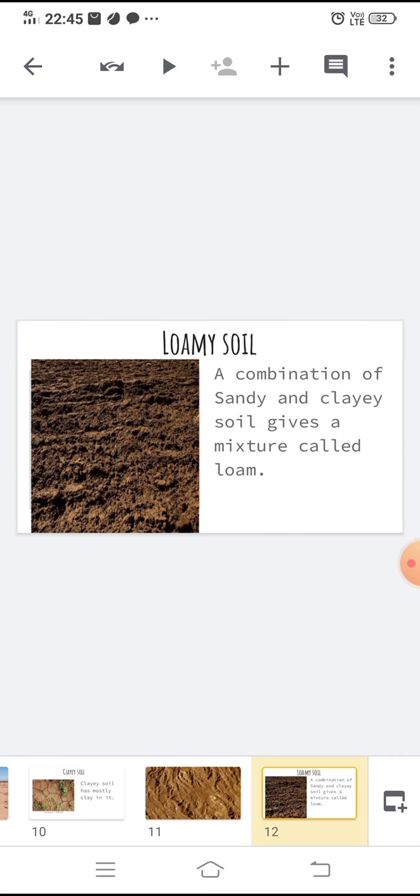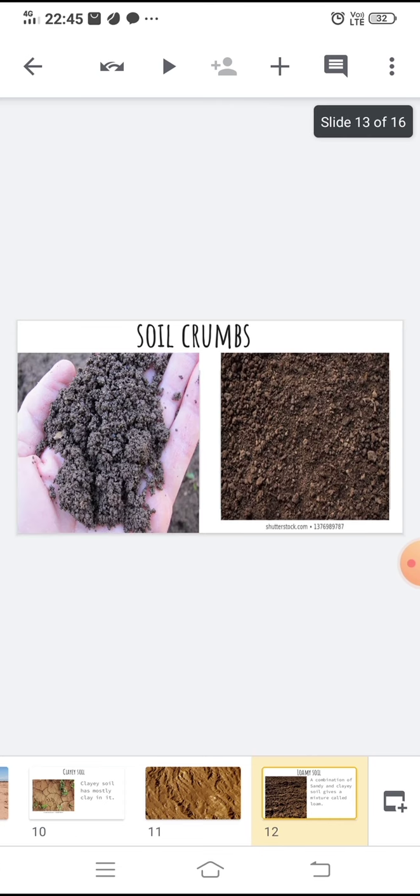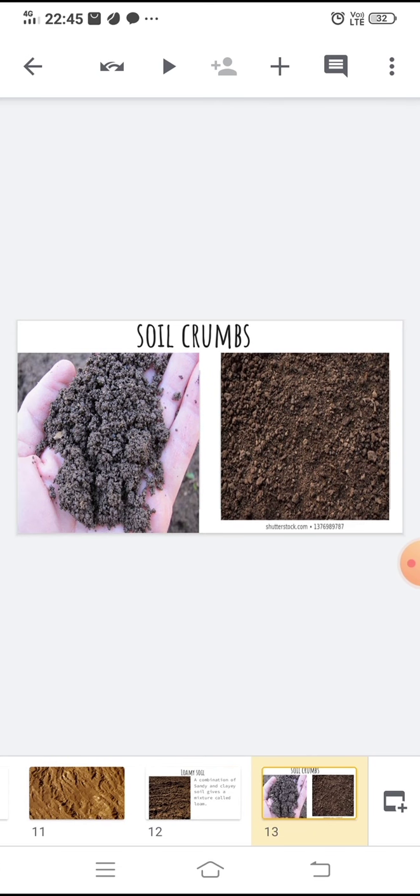This is an important type of soil, loamy soil. A combination of sandy and clayey soil gives the mixture called loam. In loamy soil, the sand and clay particles stick together and form soil crumbs.